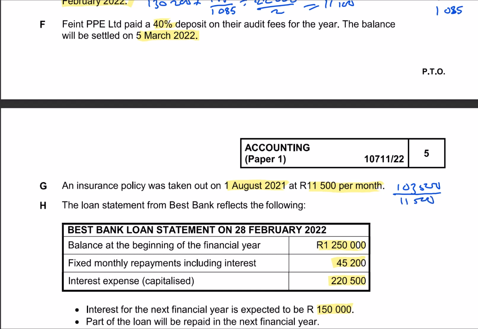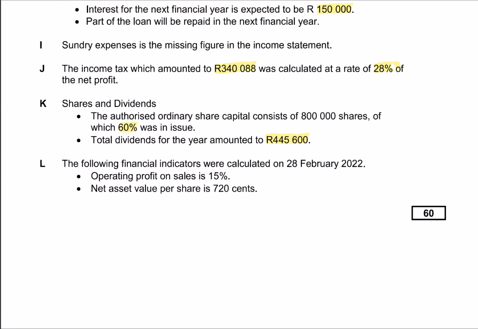the question was kind of a bit silent on many fronts, but the assumption is now that the total insurance that was paid is for this particular insurance that was taken, because they didn't say additional insurance was taken. So all the 103,500 is part of the 11,500 per month. If you divide 103,500 by 11,500, you find out this was paid for 9 months.